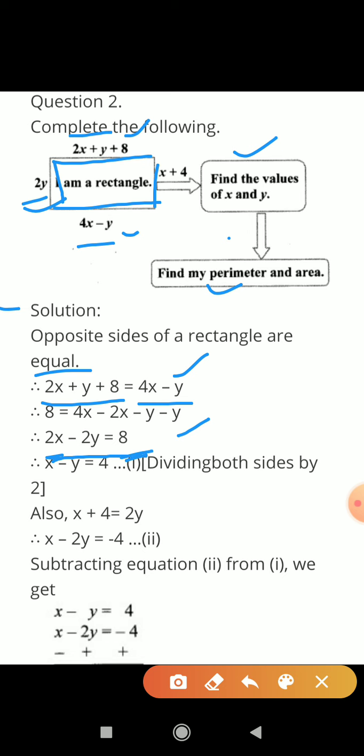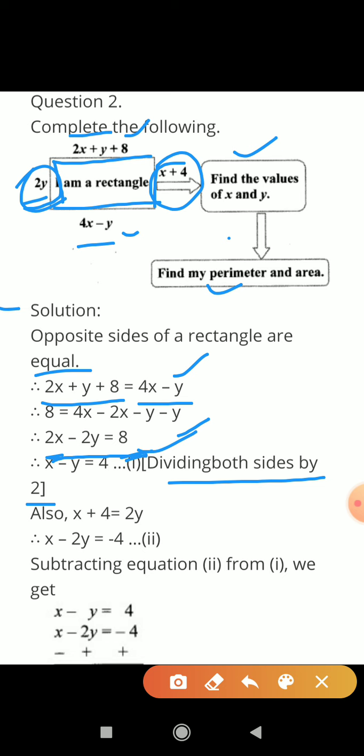Now there is a common factor 2, so we can divide the equation by 2. So dividing both sides of the equation by 2, we get here x minus y is equal to 4. So this is our equation number 1. Then according to the condition again, these two sides are also equal, that is 2y and x plus 4, because these are opposite sides of the rectangle.